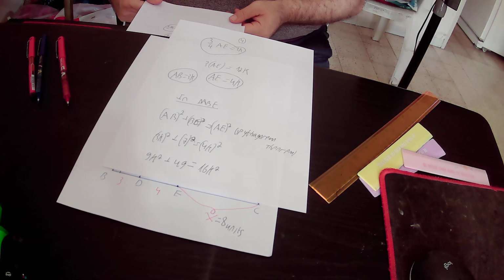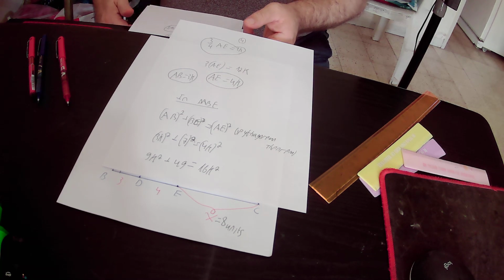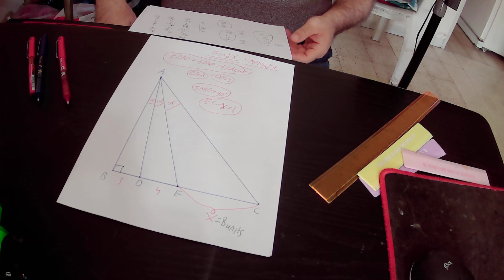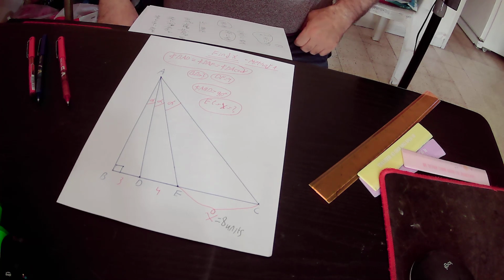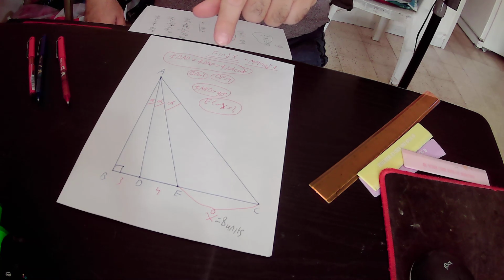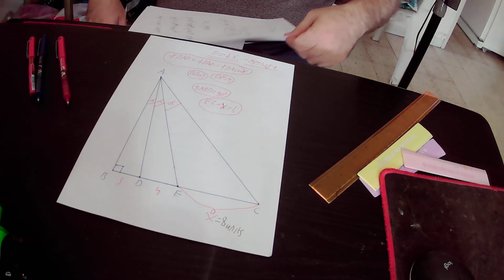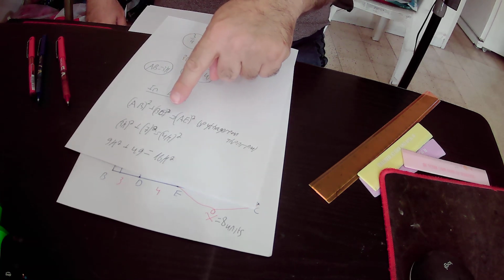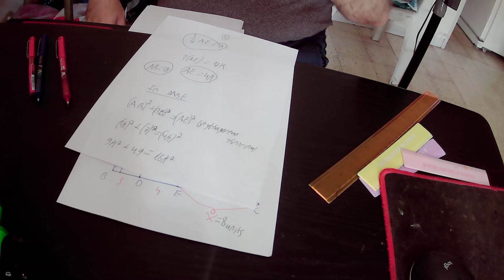Okay, then we continue to focus on the right triangle ABE. On the right triangle ABE, according to the Pythagorean theorem, the square of the hypotenuse equals the sum of the squares of the perpendicular sides, that is to say AB square plus BE square equals AE square.